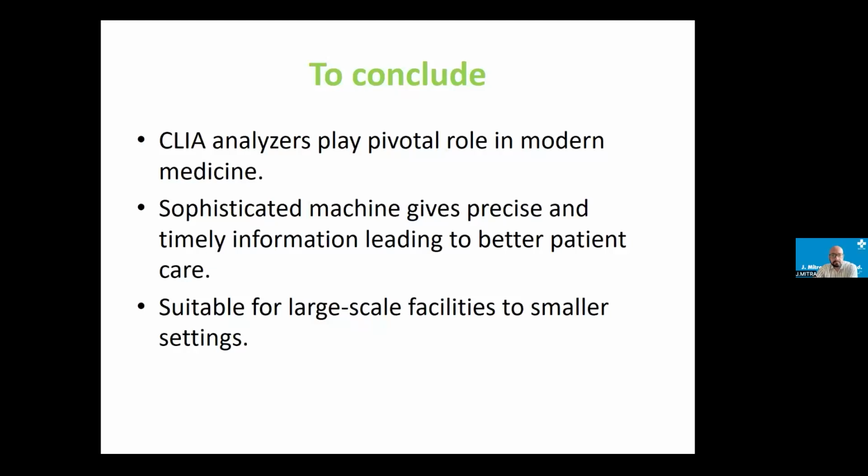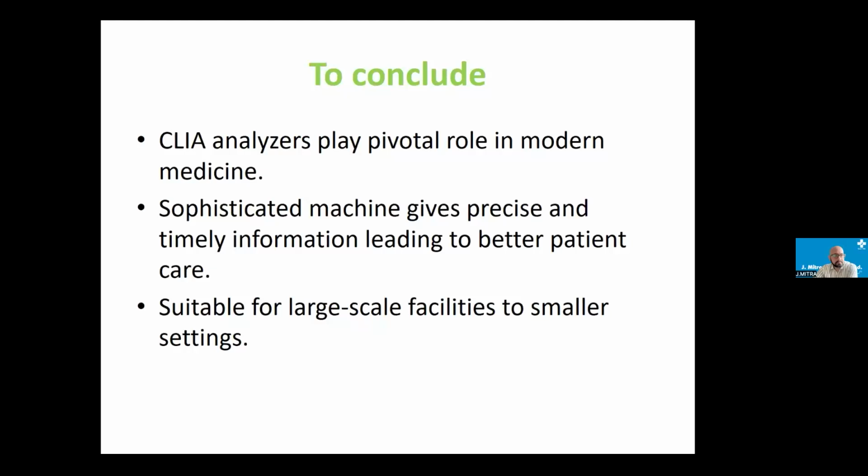So we have a varied range of machines available in the market. Some can run like 90 samples in an hour, and some can run around 1,000 or 1,200 samples in an hour. Currently many government hospitals are also procuring CLIA, shifting their TTI testing from ELISA to CLIA, and corporates are also running efficiently with CLIA machines.